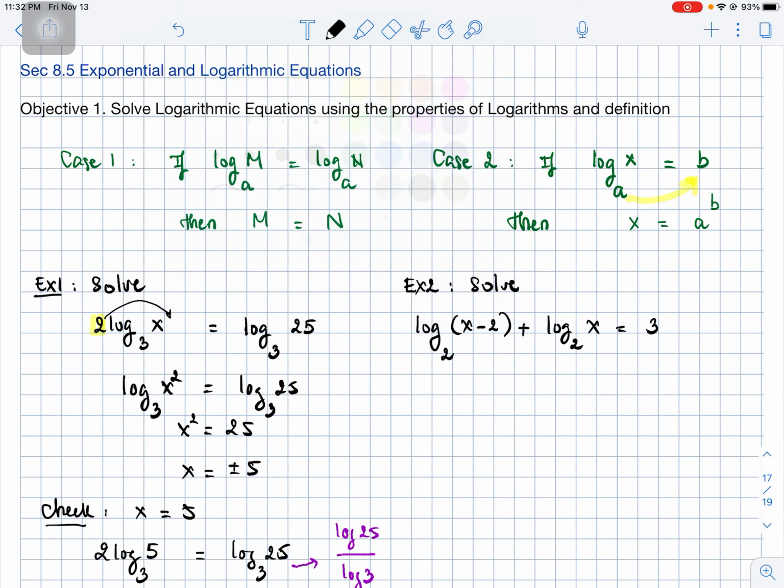Example number 2, we see that we have a 3, a number, so that will be case number 2. We need to combine the two logs on the left hand side. We use the product rule. We will multiply them.